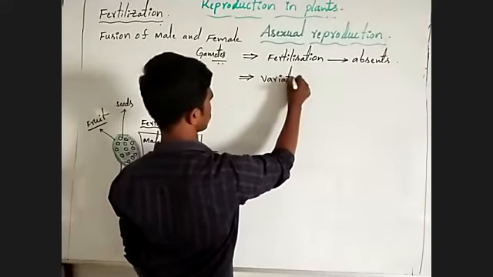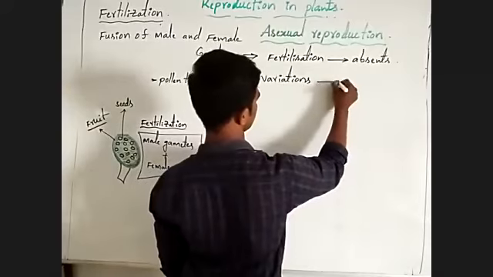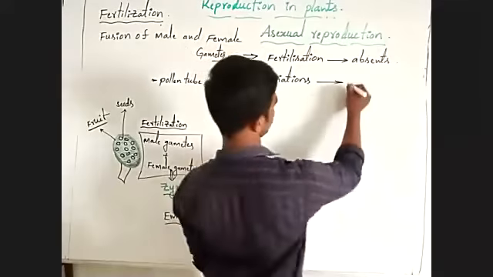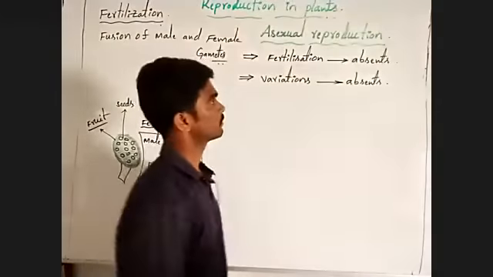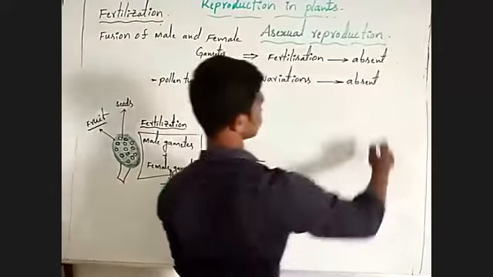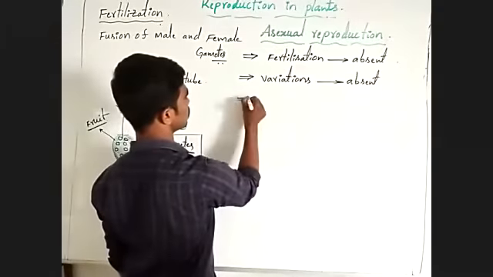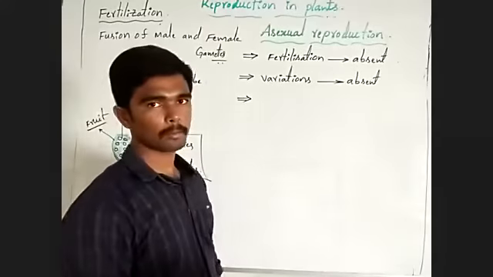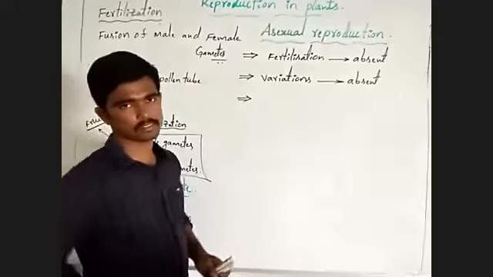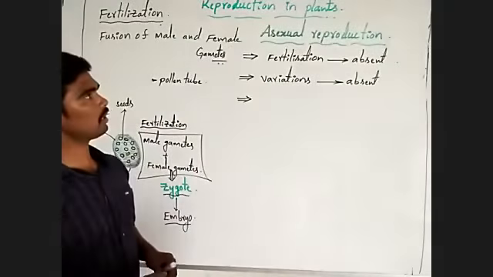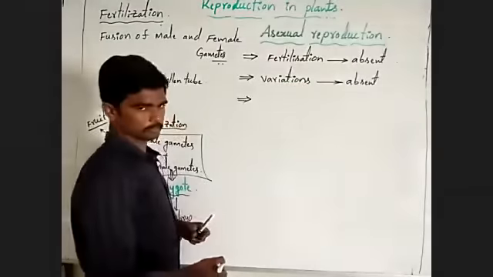Variations do not form. Daughter cells appear exactly like the parents.